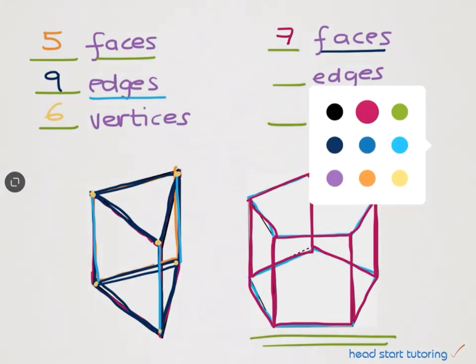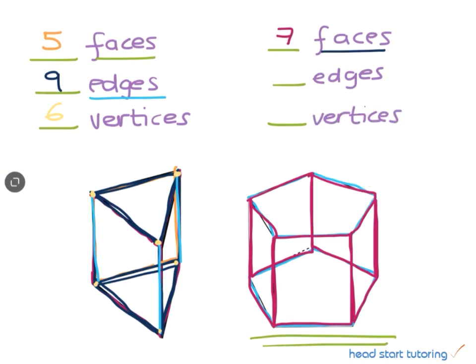Right, so let's have a look at our edges now. We have got 1, 2, 3, 4, 5 edges in our top pentagonal base, and 1, 2, 3, 4, 5 edges in our bottom pentagonal base. So altogether that makes 10, and then we just need to join our two pentagonal bases by these edges, 1, 2, 3, 4, 5.